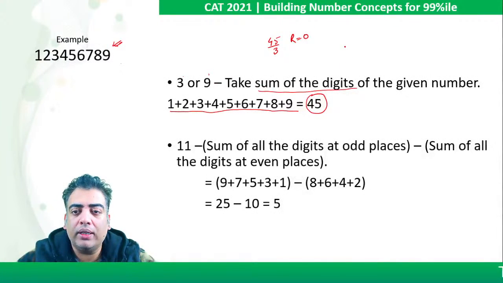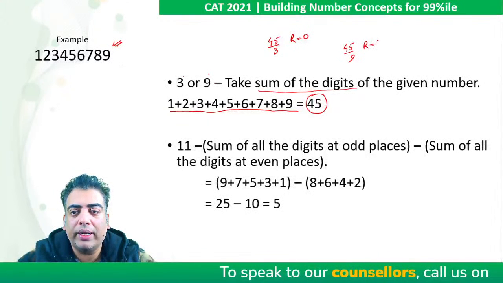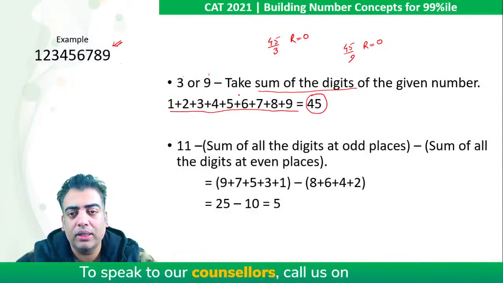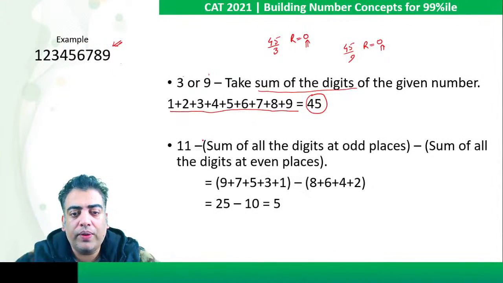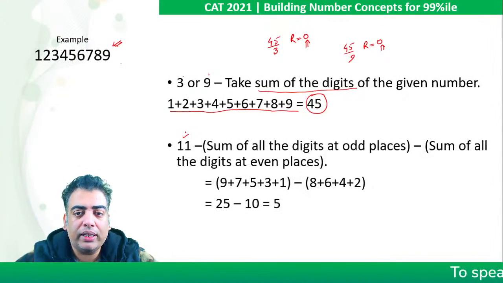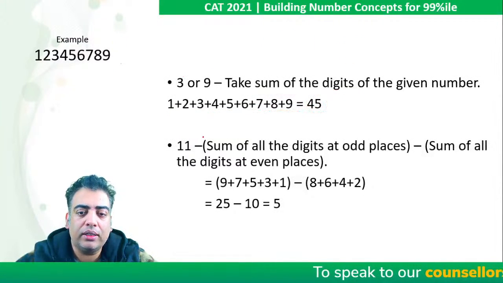If I need the remainder by 9, I will divide 45 by 9. The remainder again comes out to be 0. So whenever we get a remainder of 0, please keep in mind we can say that the given number is divisible by the divisor.